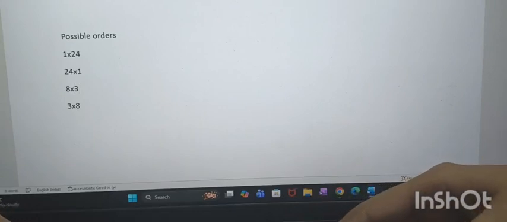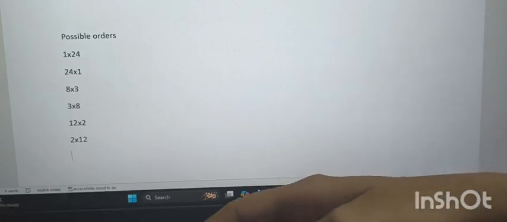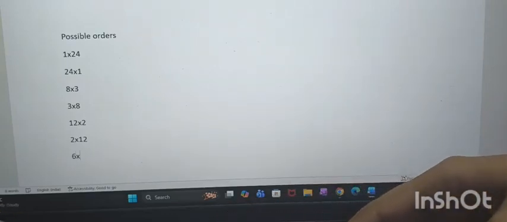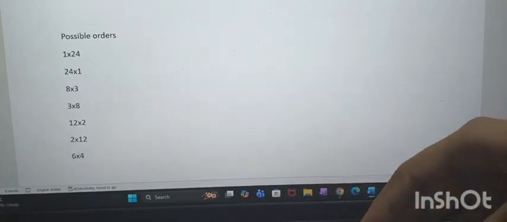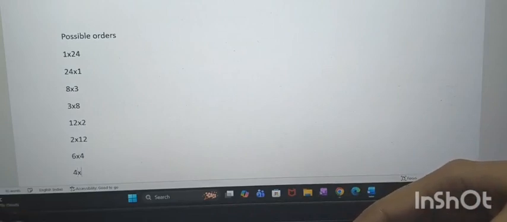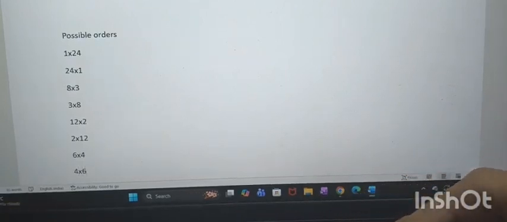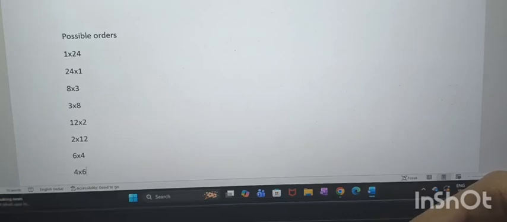This is also possible. And then 12 cross 2, 2 cross 12. And we have 6 fours are 24 also. So 6 cross 4, and then 4 cross 6. So all these could be the possible orders. So we have 1, 2, 3, 4, 5, 6, 7, 8 possible orders in here.